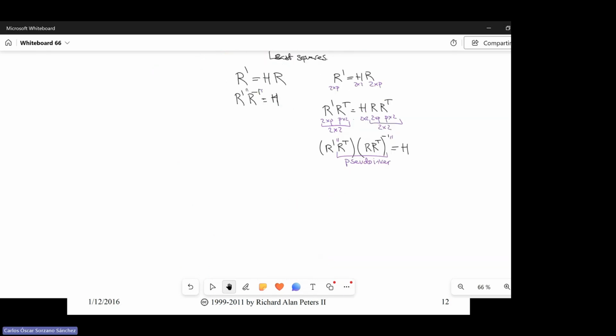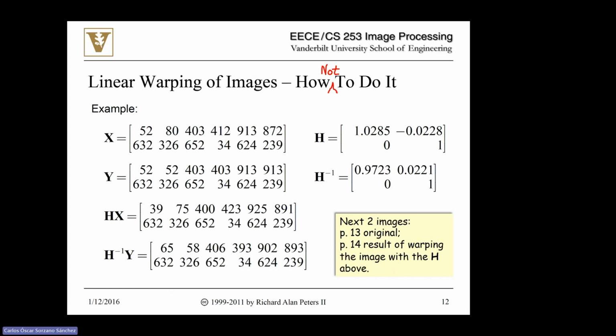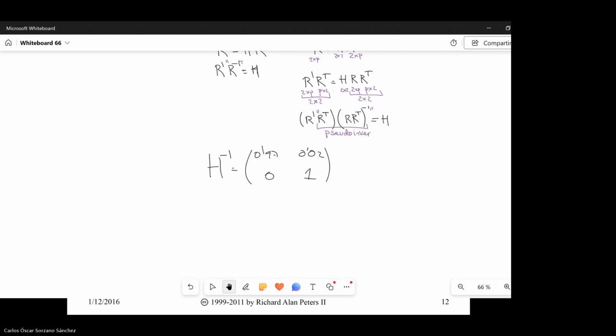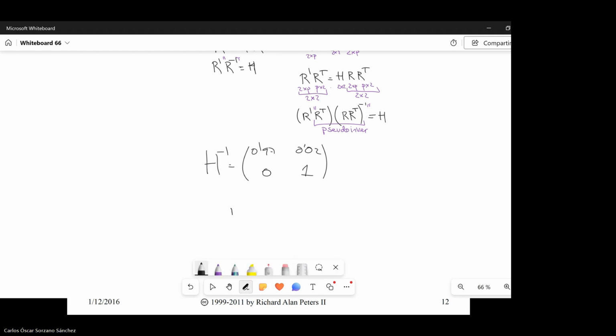You remember Y was staying fixed, and so H minus 1 is 0.97, 0.202, 0.1. So that means that we are taking X prime, Y prime.